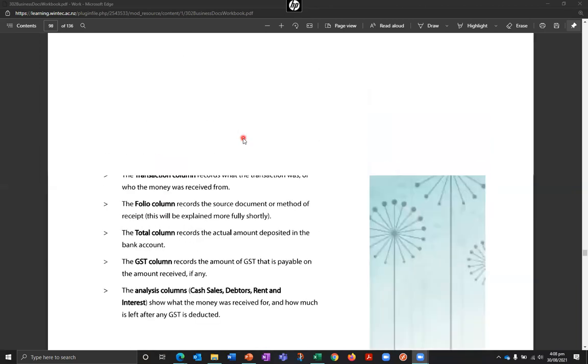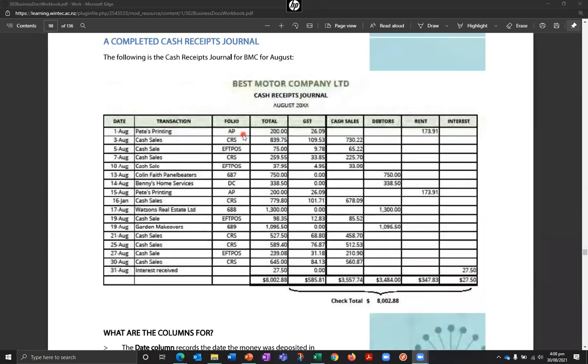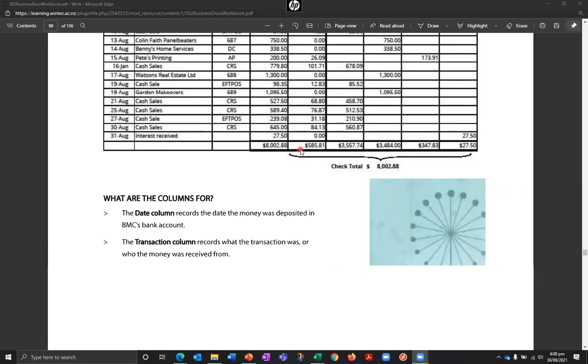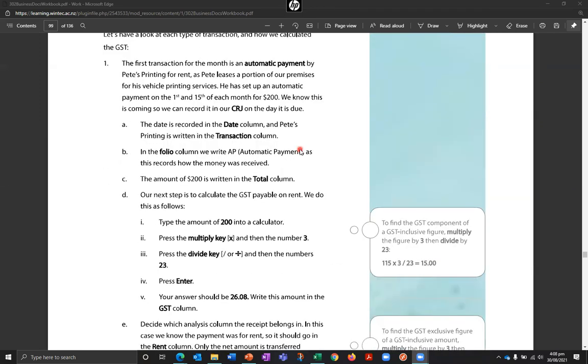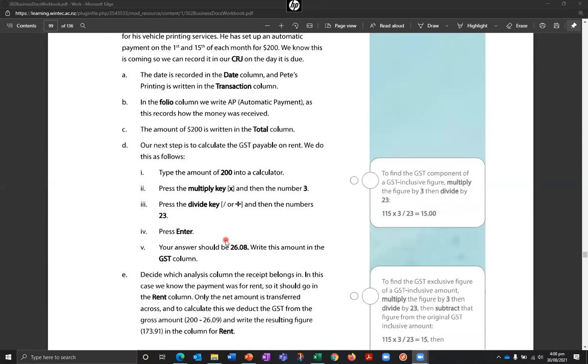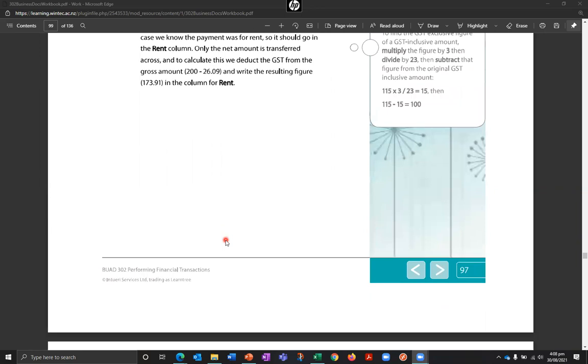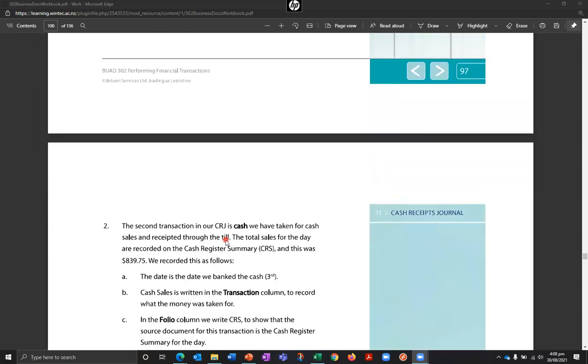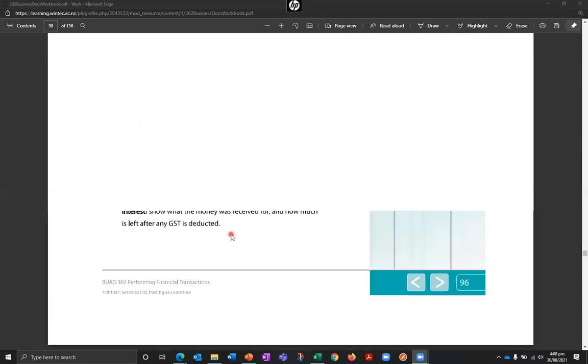We go back to our journal. You can see here is the first transaction. So this page is telling us step by step how to work it out and how to record it onto the journal. These pages will show you step-by-step instructions on how to record each and every different transaction that you see on this completed transaction journal.